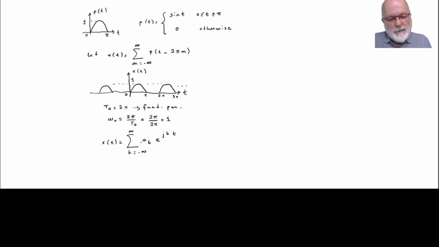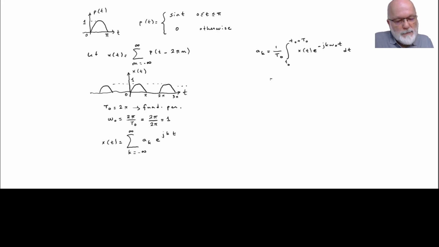Next, how do we evaluate the coefficients ak? ak is equal to 1 over T0 times the integral from an arbitrary t0 up to t0 plus capital T0 of x of t e to the minus j k omega 0 t, integrated with respect to t.